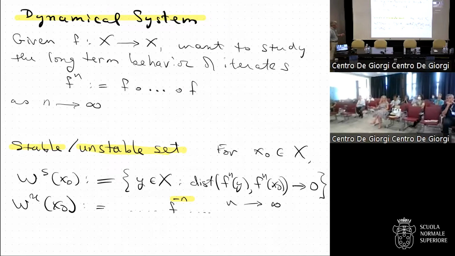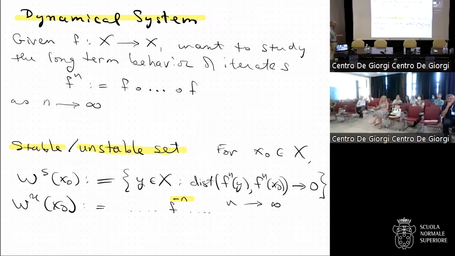By dynamical systems, I mean we have some mapping from a space to itself, and we're looking at what happens when you apply the mapping to itself some number of times, and this number goes to infinity. On the face of it, it seems extremely hard to say anything at all, but it turns out you can say quite a lot of things.